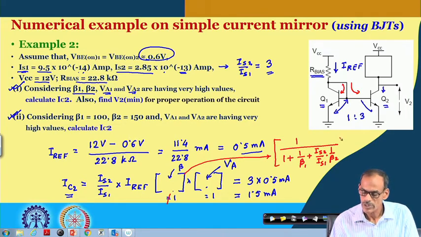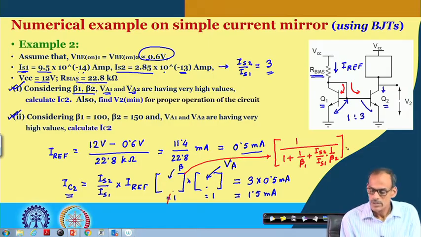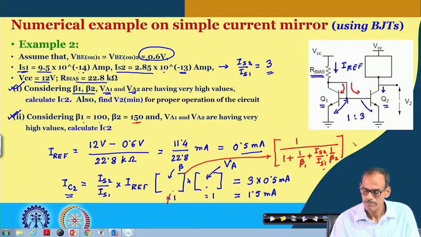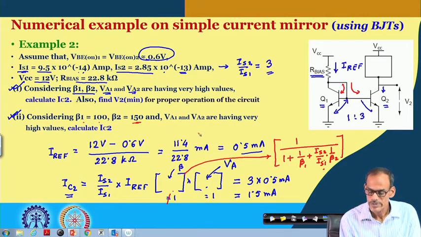So, this is the non-ideality factor, and the values of beta 1 and beta 2 are given. IS2 by IS1 is also known, so this is 3.